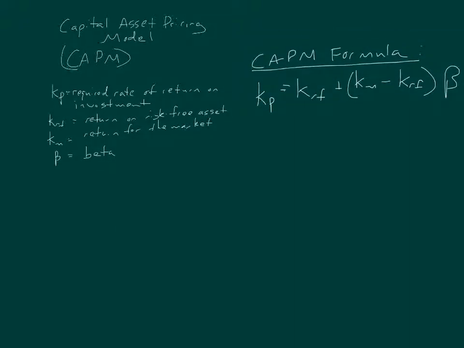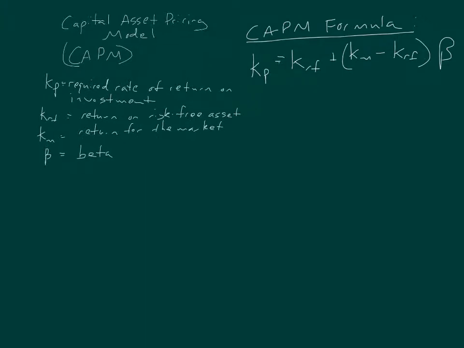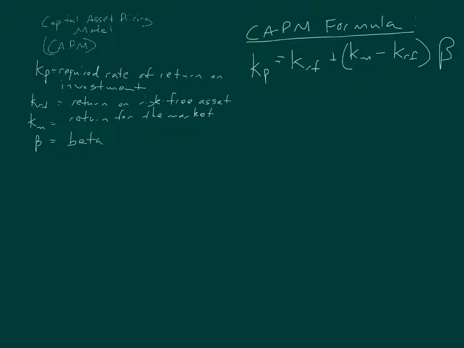And let's actually go ahead and solve this thing. Well, before we solve it, let's just talk about it for a second up here. What this is saying is the required rate of return on the investment that we're looking at, in the particular industry that we're looking at, equals the rate of return on a risk-free asset.